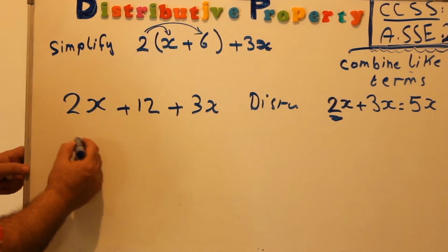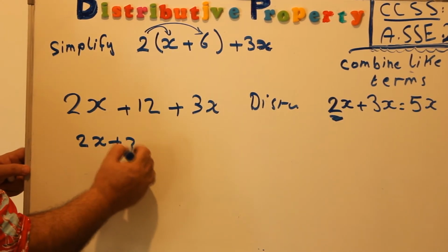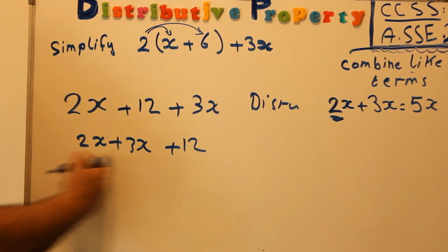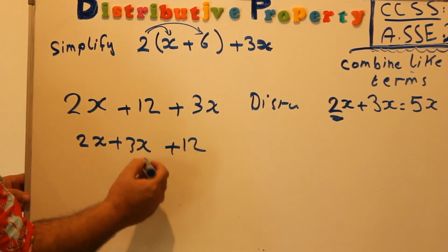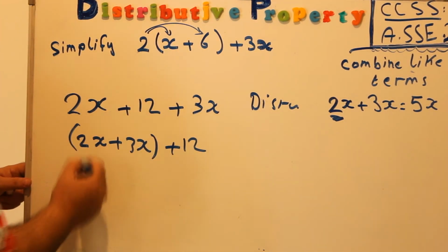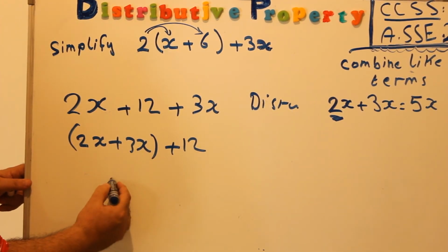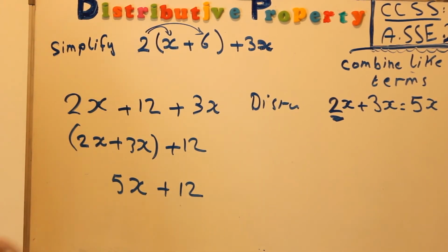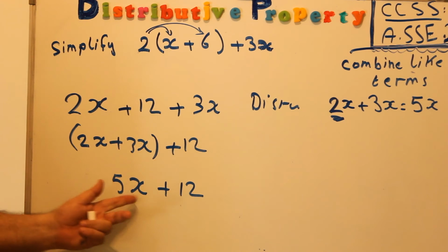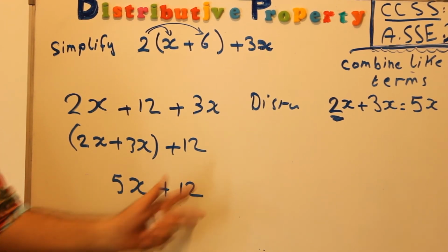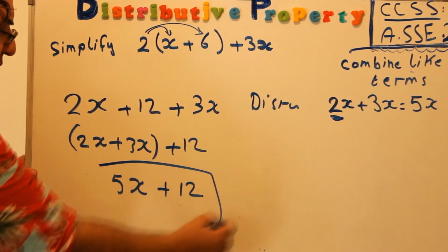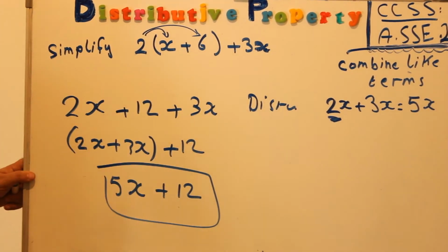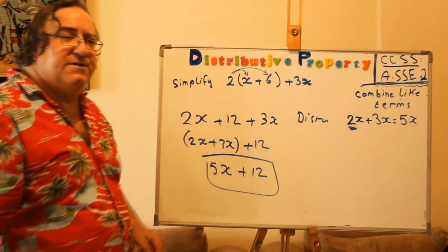So I say 2x plus 3x plus 12, combine terms together, it will give me 2x plus 3x is 5x, plus 12. Once you cannot combine the variables with another, and you don't have any other common variables, we stop here. So this will be 5x plus 12. To simplify this expression, this is the answer.